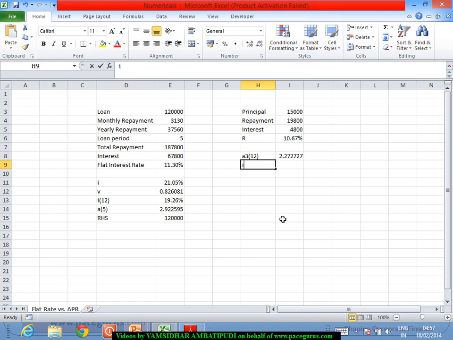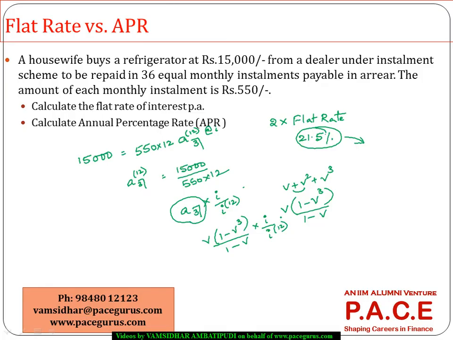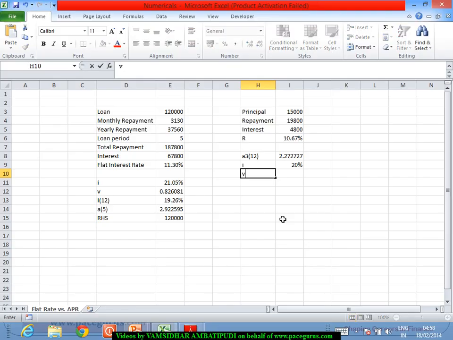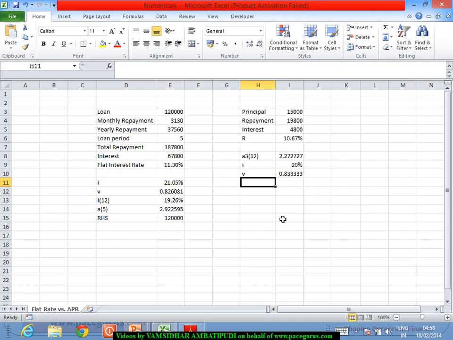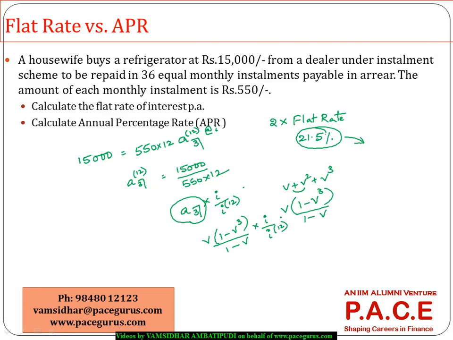So probably what we'll do is we'll make some assumption relating to I, let's say starting with 20%. Once I know that my I is 20%, now I can compute my V, which is 1 divided by 1 plus I, and from here I also require I12. We know that I12 can be computed as, just a quick recap, 1 plus I should be equal to 1 plus I12 by 12 to the power 12.